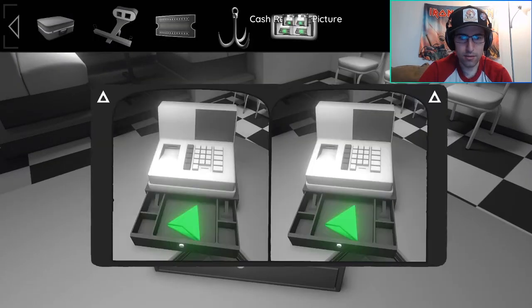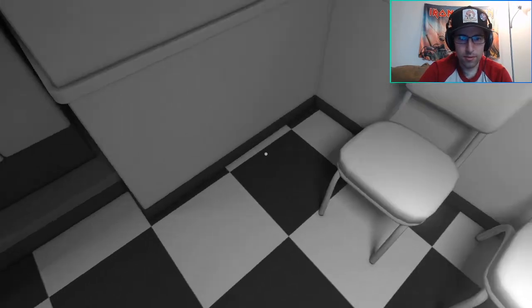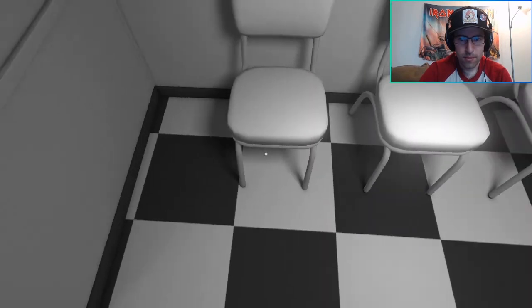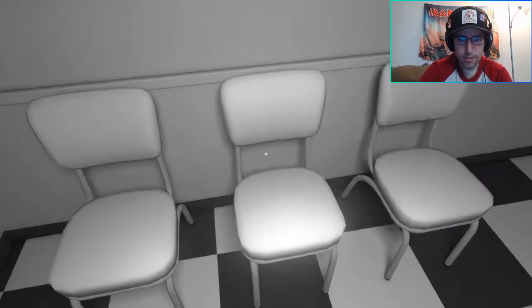Oh wait, hang on. Is there a difference between the two pictures? No, there's nothing different between these two pictures. So what's the point? I'm legitimately looking at these two pictures really closely to see if there's a differentiation between them, and there doesn't seem to be. The only other thing is that it's pointing to the corner here. And that doesn't do anything either.